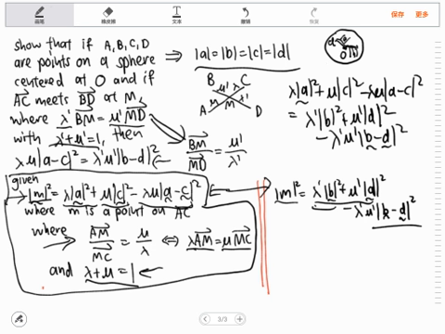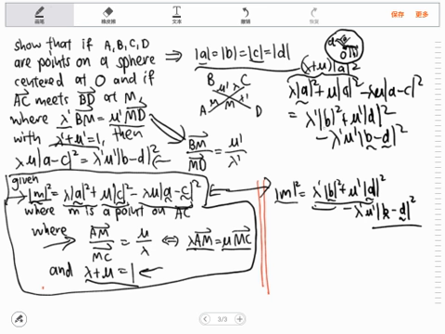If I do that, all this can be simplified. Since I change this to |A|² also, it becomes λ plus μ, and I factorize out |A|². Because |C| equals |A|, |C|² equals |A|², so I factorize out |A|².